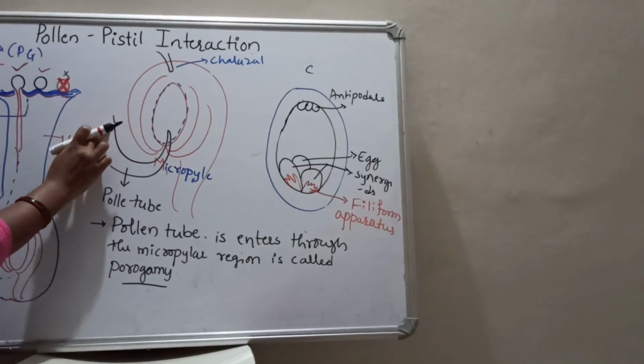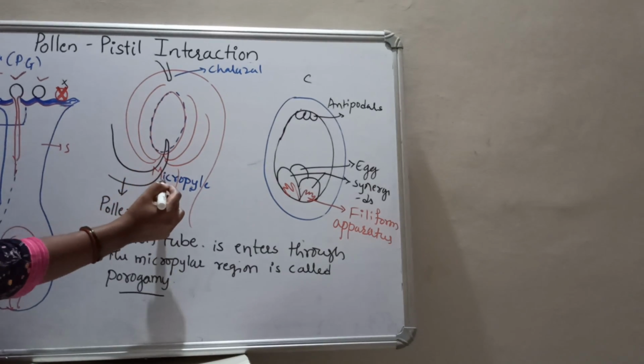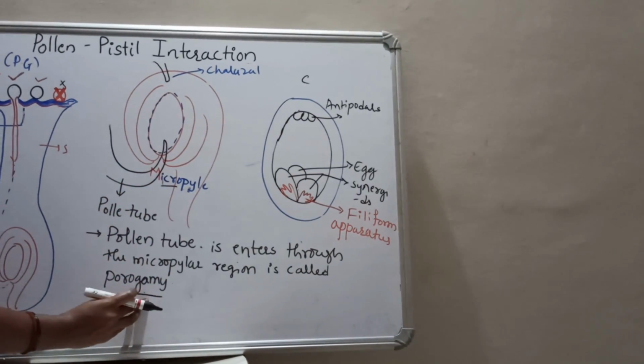The pollen tube that enters through the micropylar region is called porogamy.